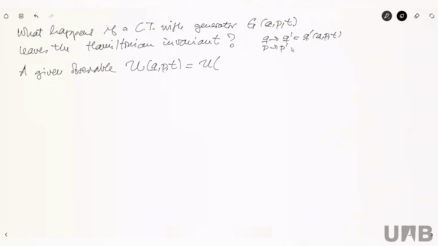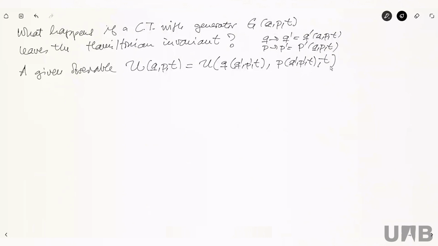P goes to P prime, which is a function of Q, P, and T. So therefore U is a function of Q prime, P prime, and T, and then also T.